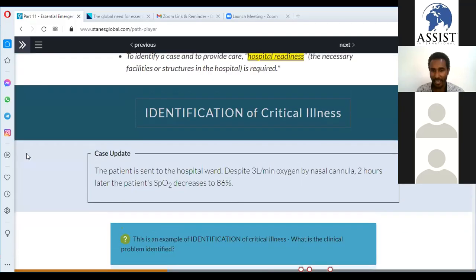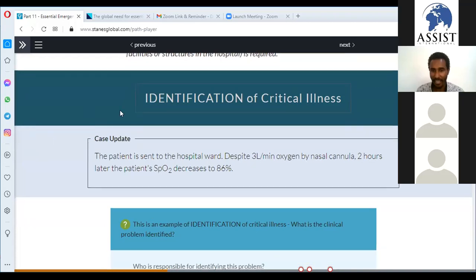So what is the problem in this patient? Do you think the patient is critically ill, do we need to provide emergency critical care for this patient, and what is the reason behind it?